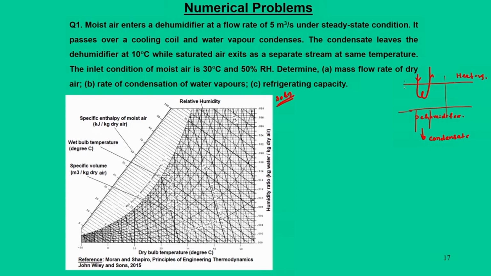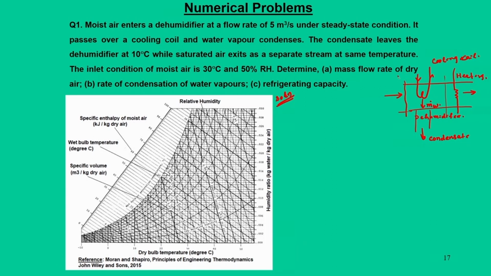So, what we know is that moist air enters and interacts with this cooling coil. When it interacts with the cooling coil, the water vapor comes down as condensate, and finally, the air that goes out passes through a heating section just to control the temperature.